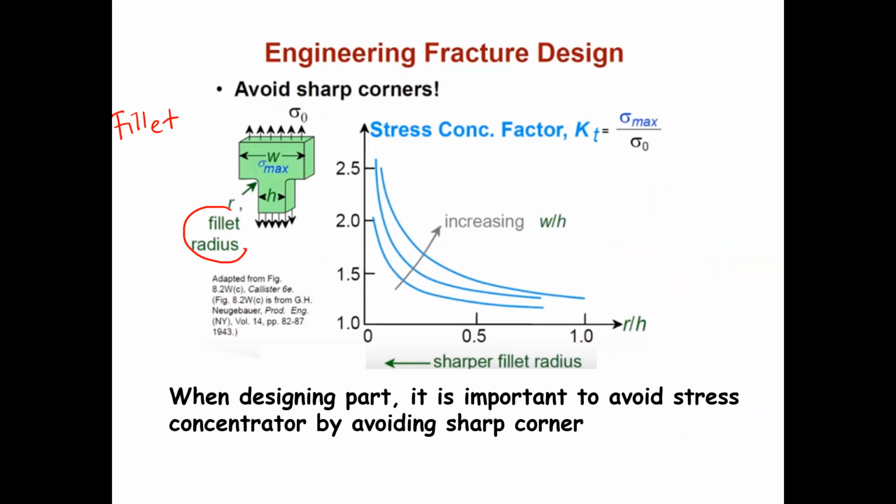A stress concentration factor, or K sub t, is a dimensionless factor that we use to quantify how concentrated the stress is in a material. When the fillet radius is sharper, there is more stress concentration, and it will eventually lead to failure.